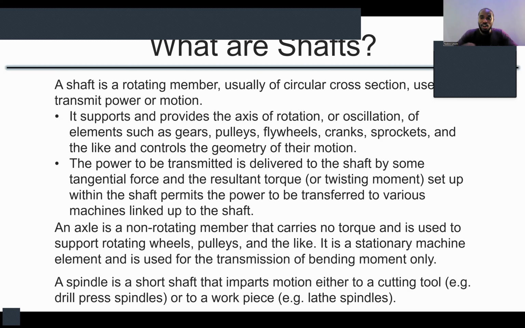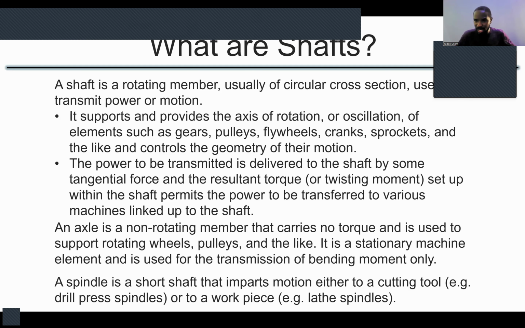So if you have a long piece of metal, circular in cross-sectional area, that rotates, then we call it a shaft. And you can fix your power transmission elements to that shaft, gears, pulleys, and all of that. You fix them tightly so that as the shaft rotates, they also rotate. That's a shaft. But if you have a long piece of metal that is circular in cross section, but is not rotating, maybe it's fixed firmly to a frame.